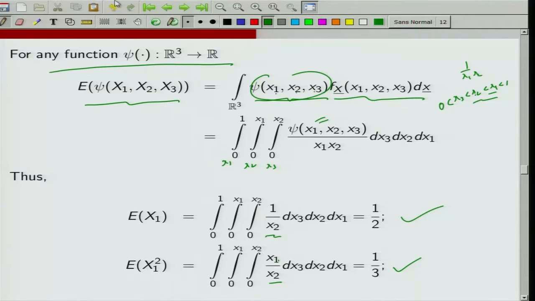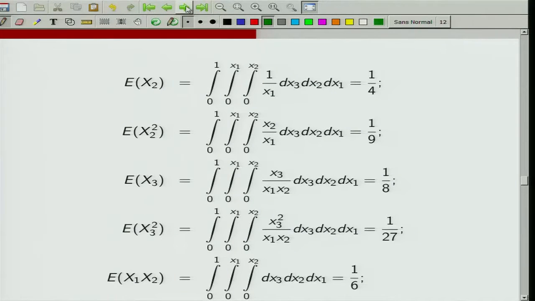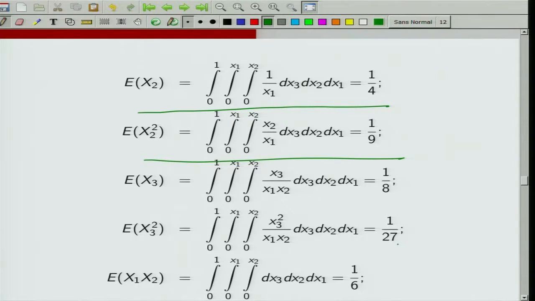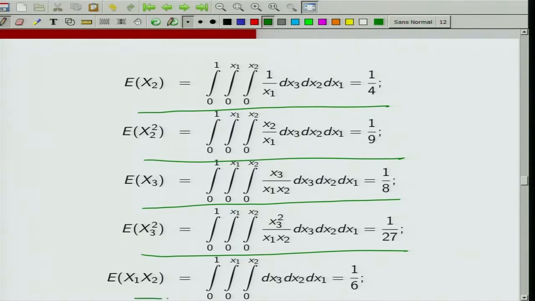Using this, you can similarly get the expected value of x2 as this quantity, expected value of x2 square as this quantity, expected value of x3 as this quantity, expected value of x3 square as 1 by 27. So, these are simple calculations. Expected value of x1 x2 is this quantity, because we have derived the expression for the expected value of psi of x1, x2, x3 for general psi.